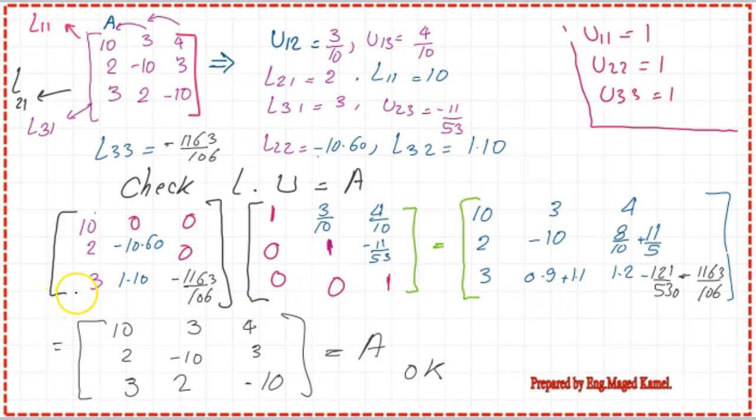And finally, 1.2 minus 1.1 by minus 11 over 55, minus 1163 over 106, it will be here. After adjusting all elements, we are going to get exactly the same value of matrix A, 10, 3, 4, 2, minus 10, 3, 3, 2, minus 10.